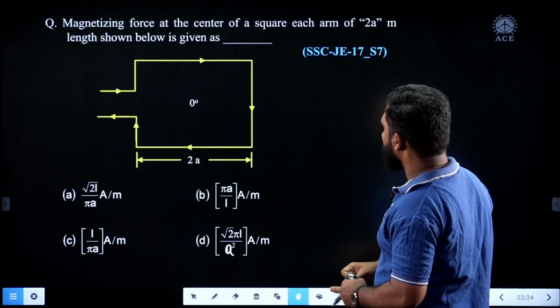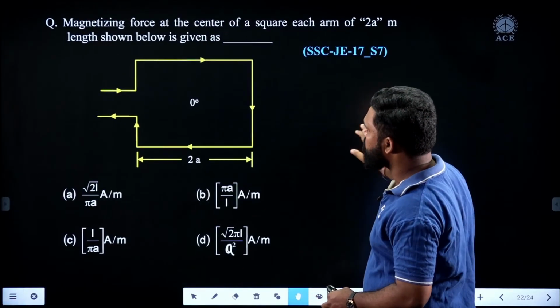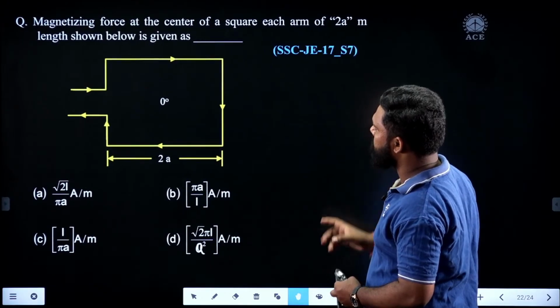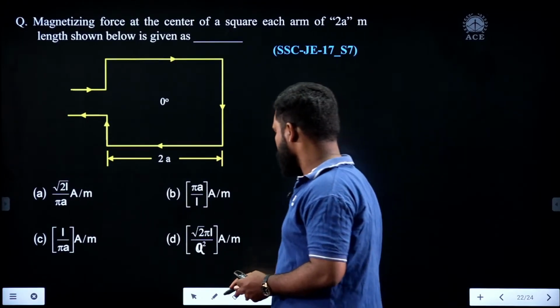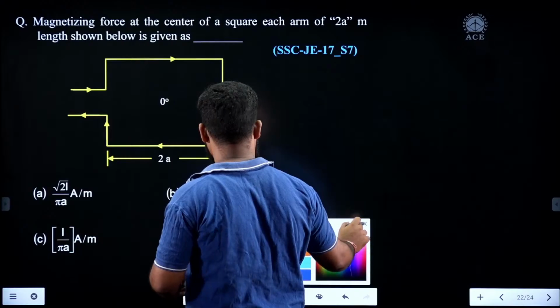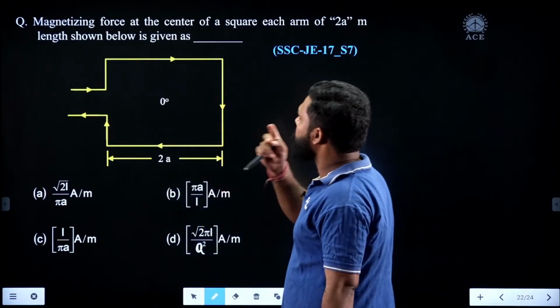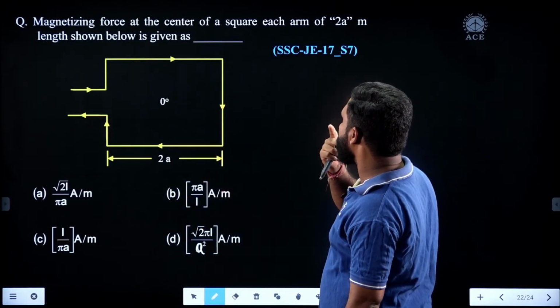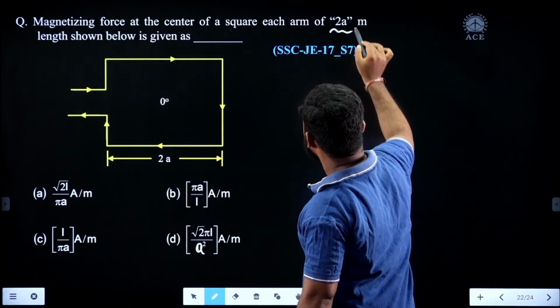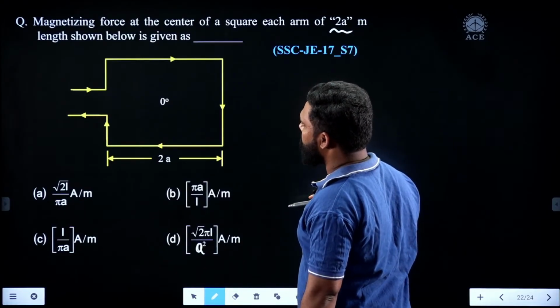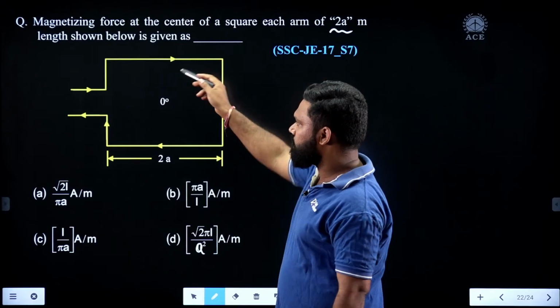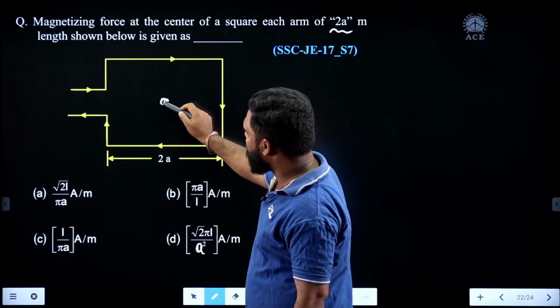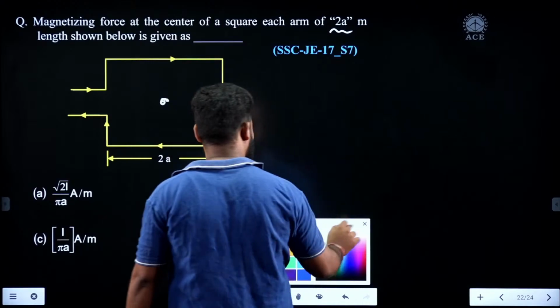Observe this question. This was one of your previous questions. Magnetizing force at the center of the square, each arm of length 2a shown in the below figure is. So this is carrying the current I, and it is asking what is the magnetic field intensity at the center.